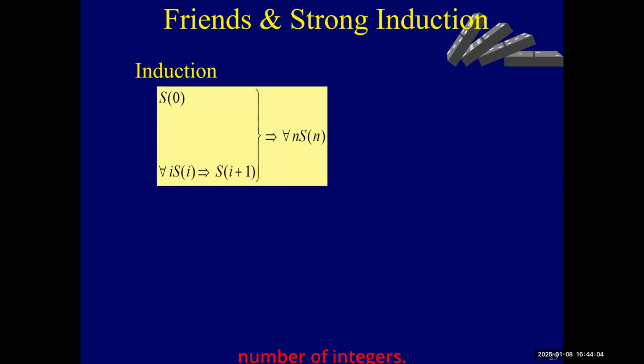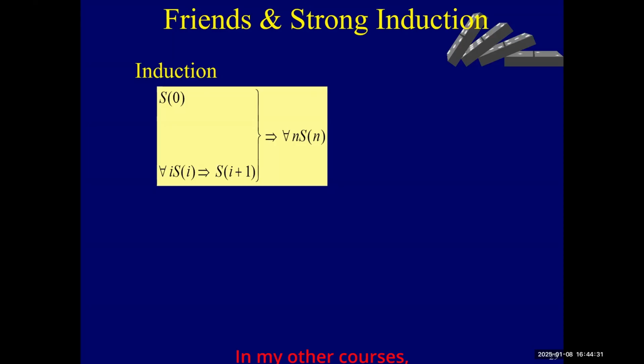Well, there are an infinite number of integers, so you can't prove it for each of them. So instead, we prove it for 0, right? And then for every integer i, we prove that we don't know it's true for i, but if it was true for i, then it would be true for i plus 1. Right? Everybody get that?